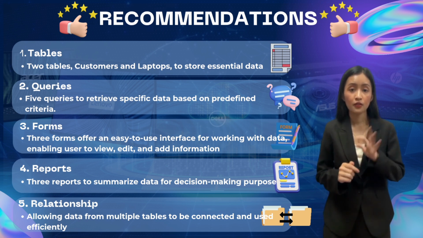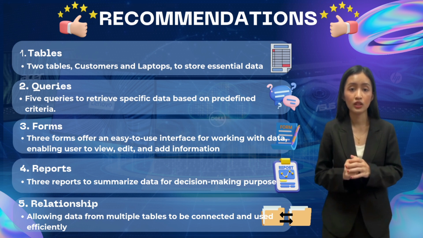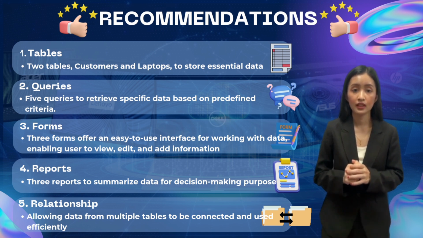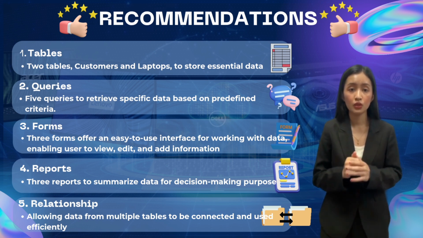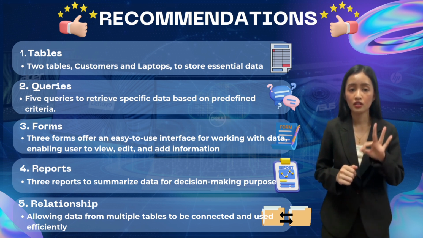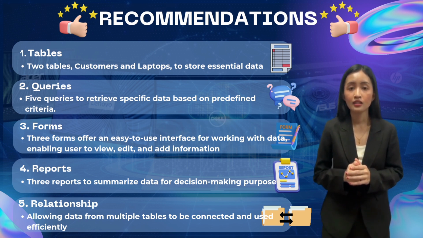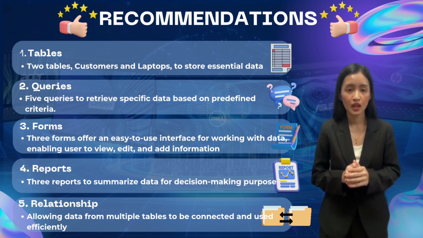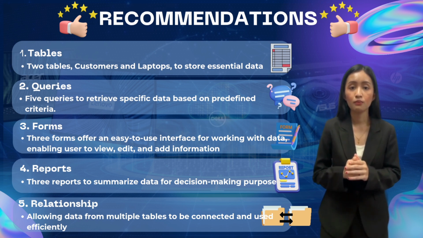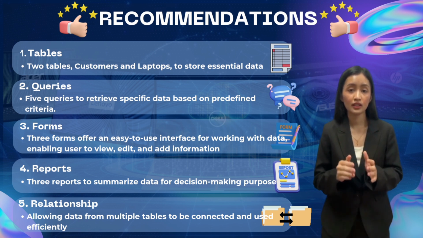We use 3 forms, offering an easy-to-use interface for working with data, enabling users to view, edit, and add information. Next is reports. Our organization uses 3 reports to summarize data for decision-making purposes. Lastly is relationship, allowing data from multiple tables to be connected and used efficiently.